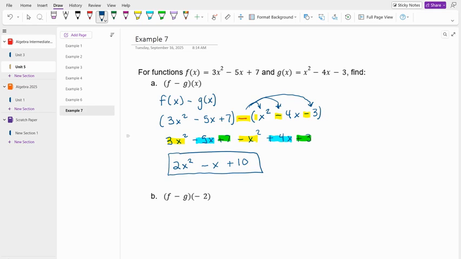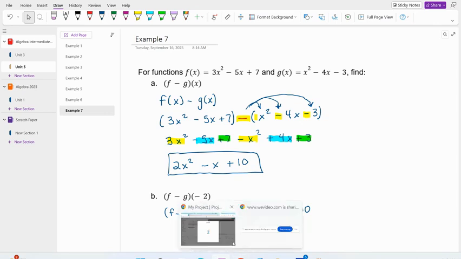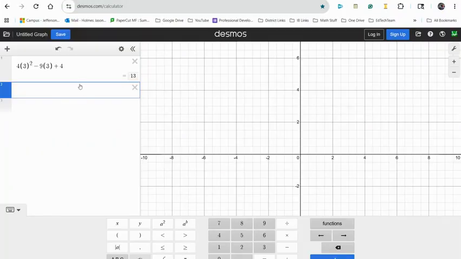Okay. And then we'll do the same thing that we did before. We will take f minus g of negative 2. We're going to use our new function, 2x squared minus x plus 10, and we're going to put in negative 2 everywhere. We're going to head straight over to Desmos and put this in.